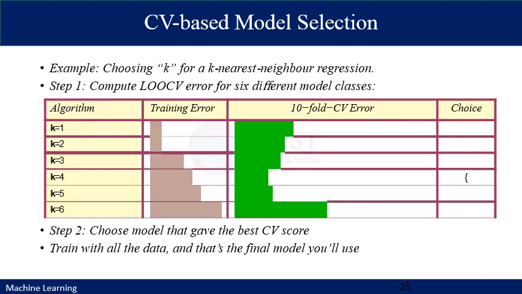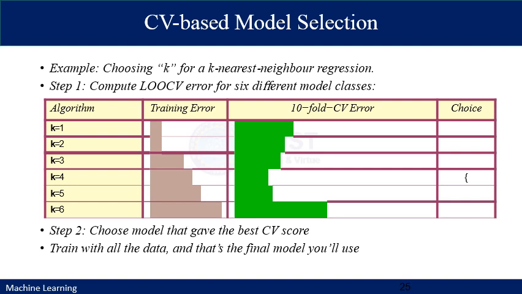Another example is shown here to choose the number of nearest neighbors for a k nearest neighbors algorithm, and this is a regression task. In the first step, you compute the leave one out cross validation error for six different model classes. Remember, you will choose leave one out cross validation when the amount of data is limited.